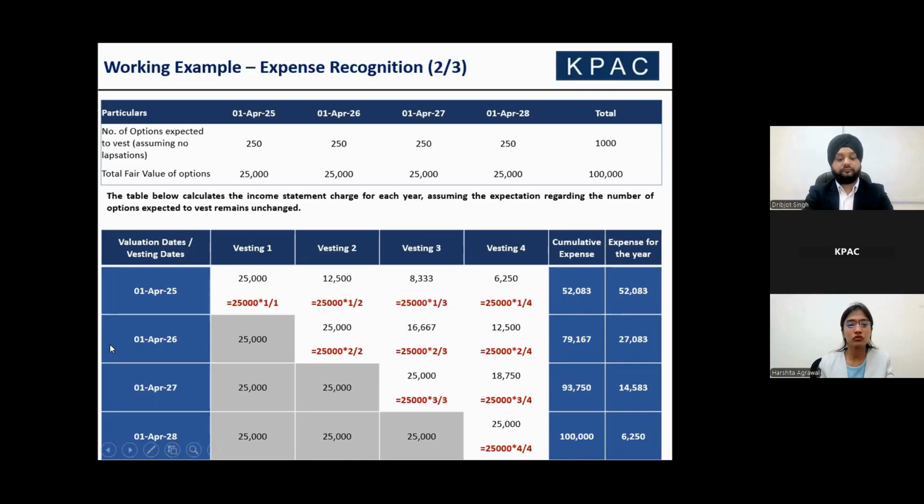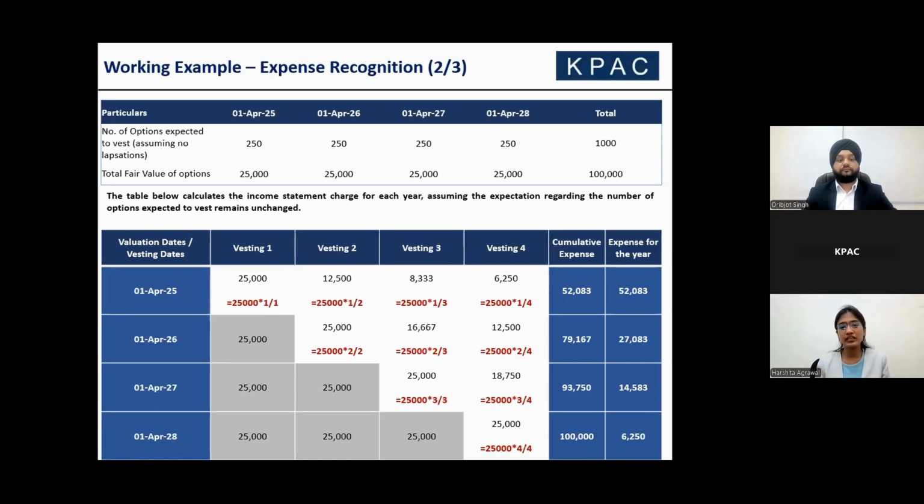Now, coming down to 1st April 2026, again the same pattern will be followed. We again recognize 25,000 for the second tranche, 2/3 of the third, and half of the fourth, giving us a total of 79,167 in cumulative expense, with 27,083 recognized for the year.